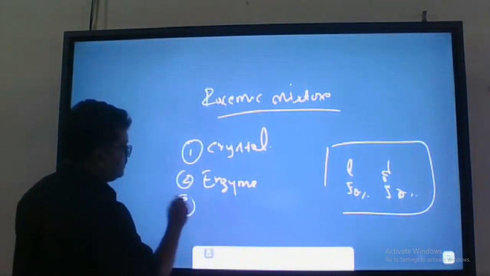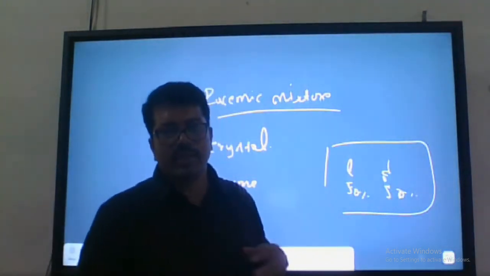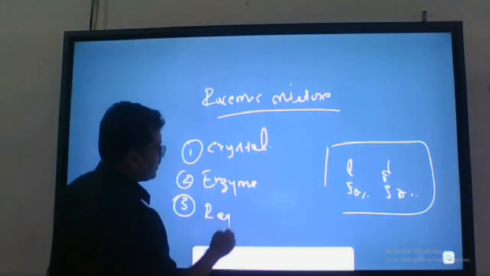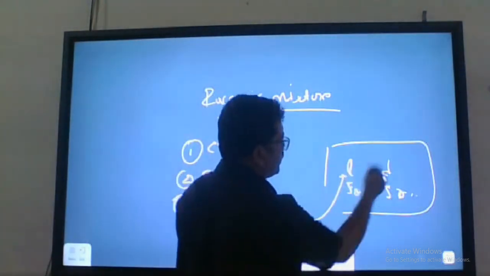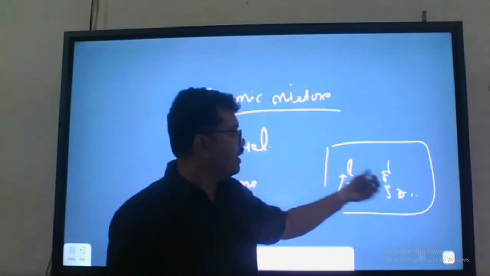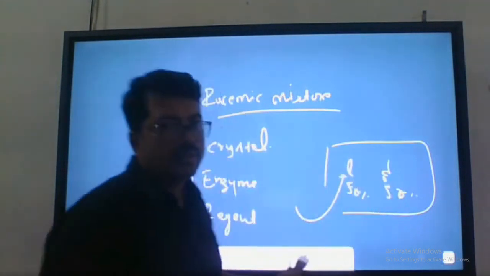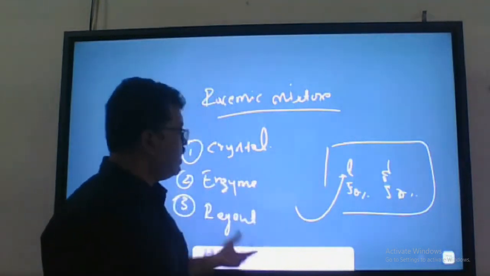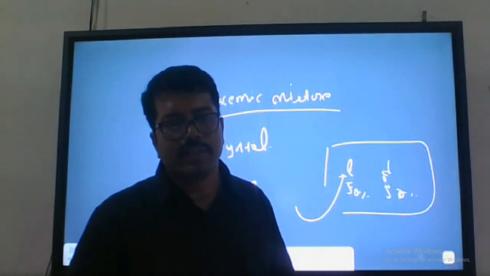Third, the reactive method. When treated with an appropriate reagent, the reagent reacts only with L, not with D. It leaves the D isomer alone, and only L reacts. So there are three methods to separate: crystal development giving different structures, enzymatic, and reagent. These are the racemic mixture separation methods.